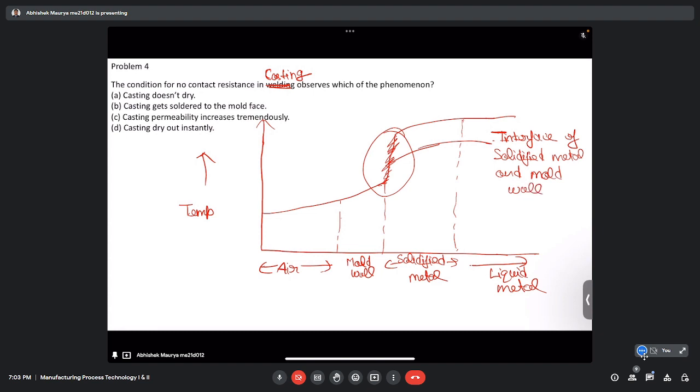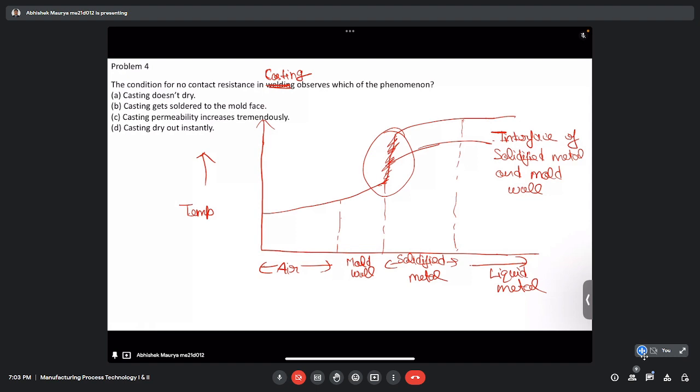So we know there are different kinds of mold we have, like we have sand mold, or we have some metallic mold in permanent mold casting, or the die casting.